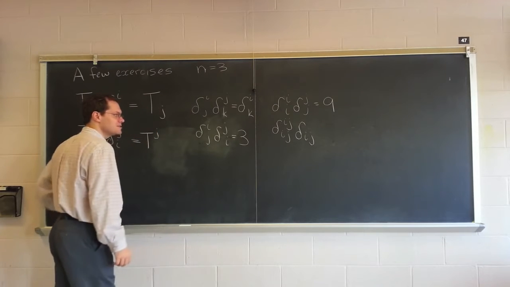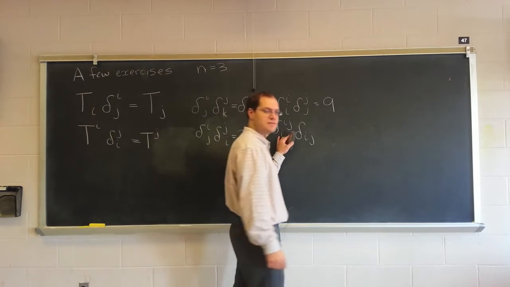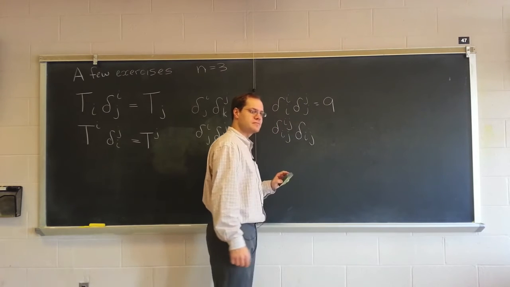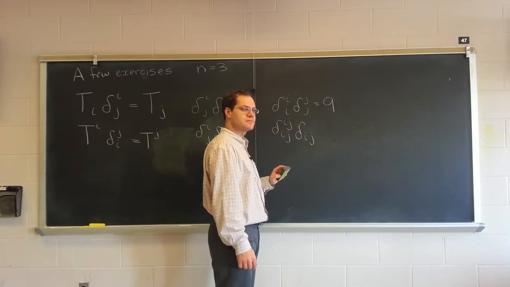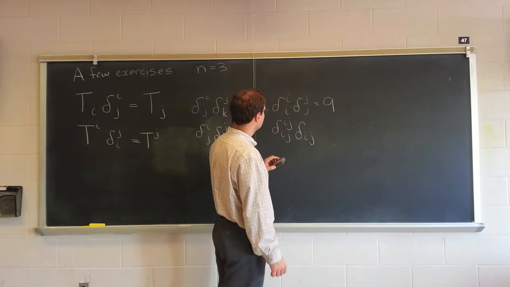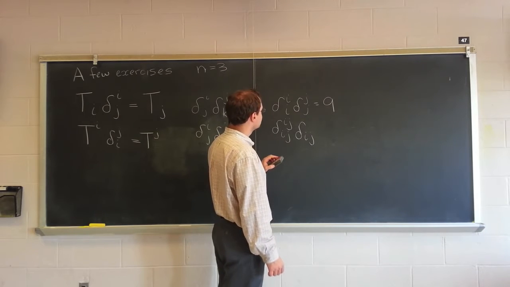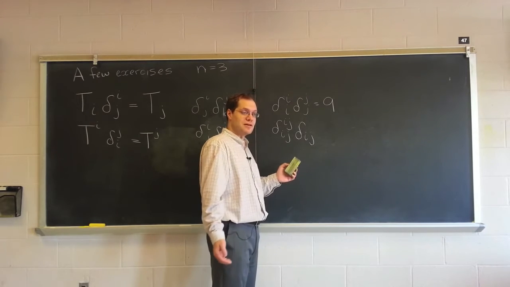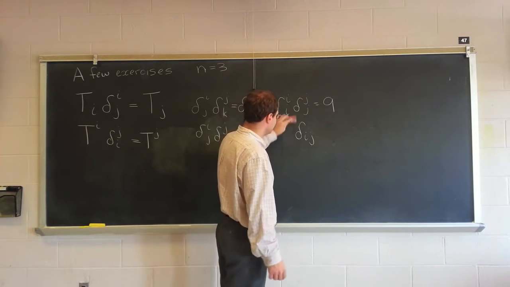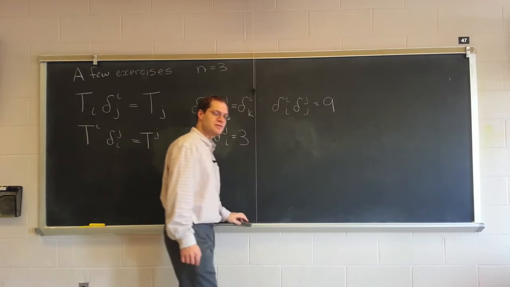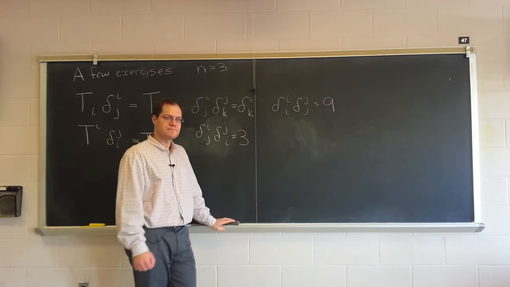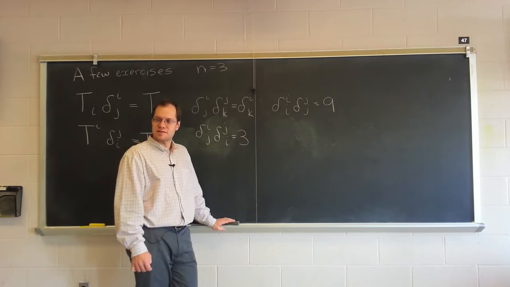It's called generalized Kronecker delta, and this symbol has a different meaning. So there's no equivalent notation on the right-hand side instead of writing 9? No, it's 9. It's a number. All the indices are dummy. All the indices are contracted away. It's 9.